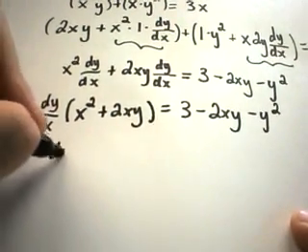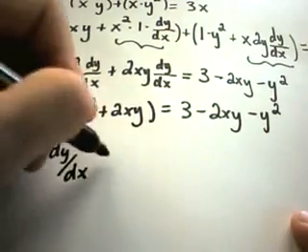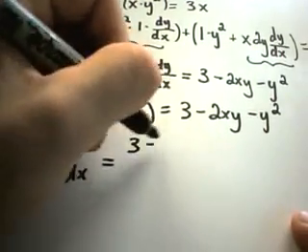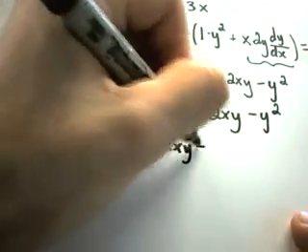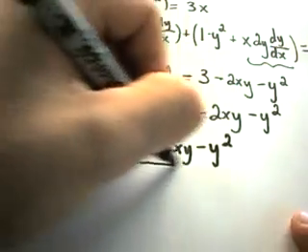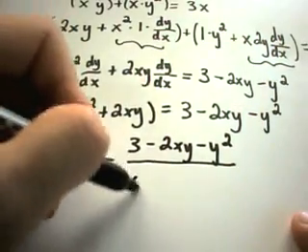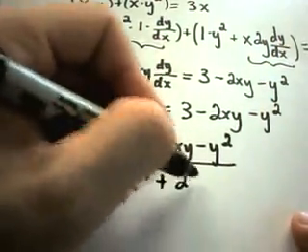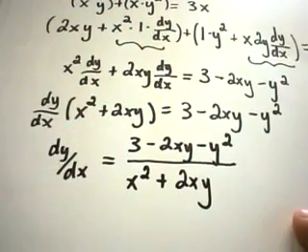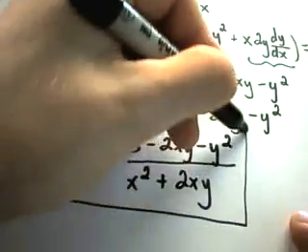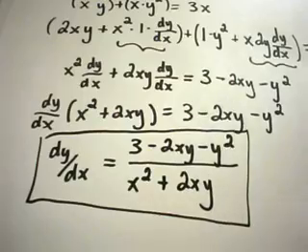So my final solution will be dy dx equals the right stuff, which is 3 minus 2xy minus y squared, and I'm going to divide all that by the x squared plus 2xy term. And again, there is your solution.